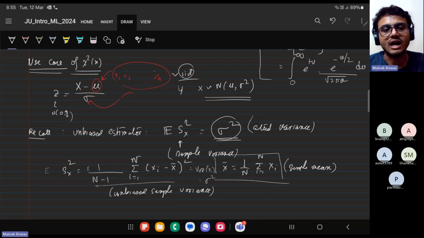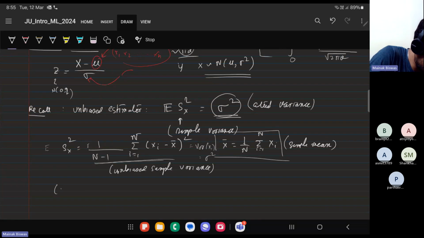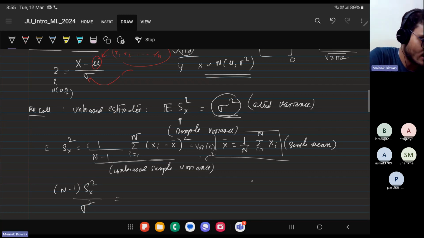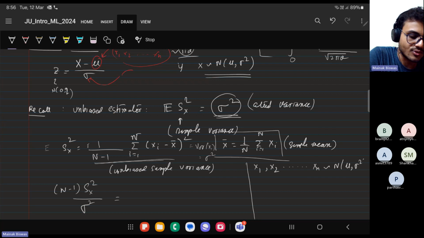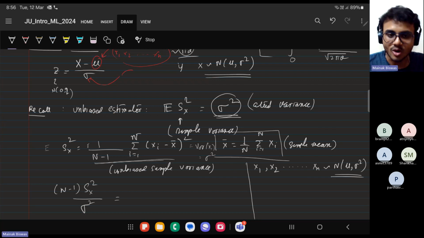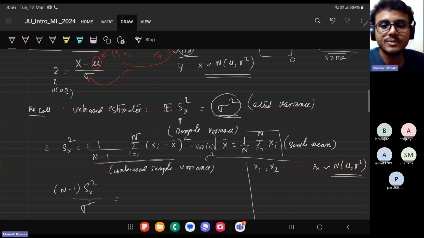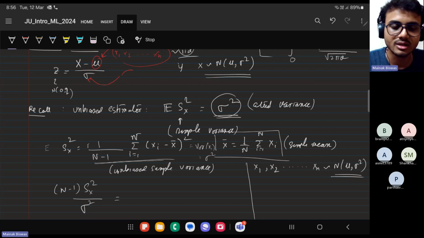So now if I ask you, I'll give you a hint. n minus 1 into Sx squared by sigma square. What is it equal to? So again, to recall, x1, x2, ..., xn is distributed as some normal mu sigma squared. We are assuming this. Or by central limit theorem, they would essentially be normal mu sigma squared. We'll see why.